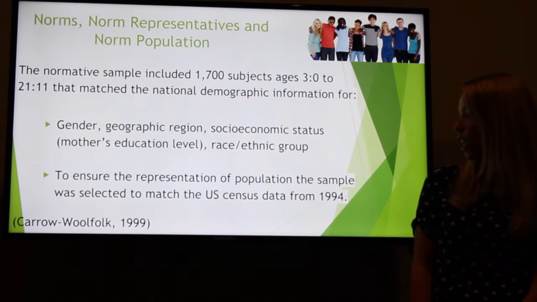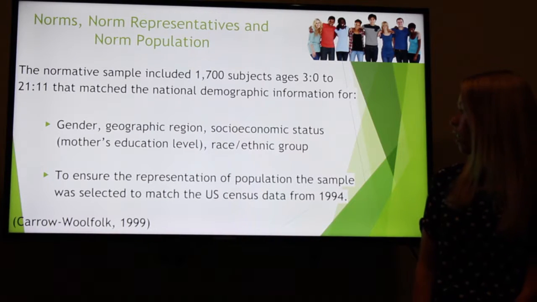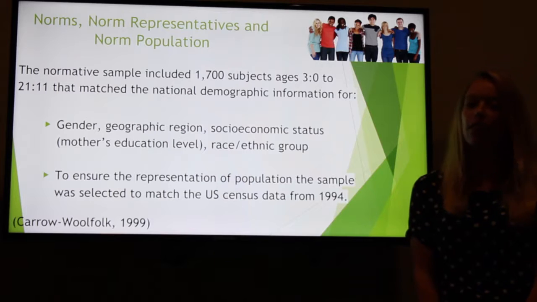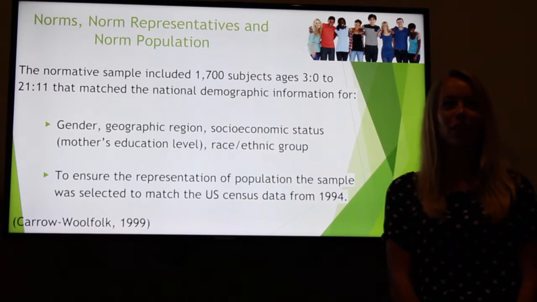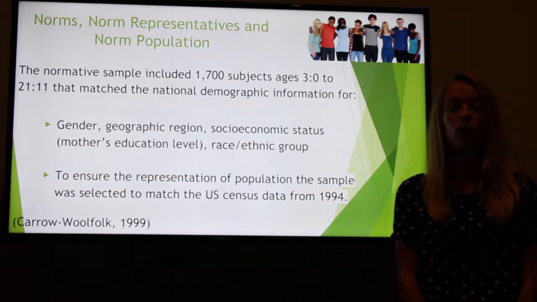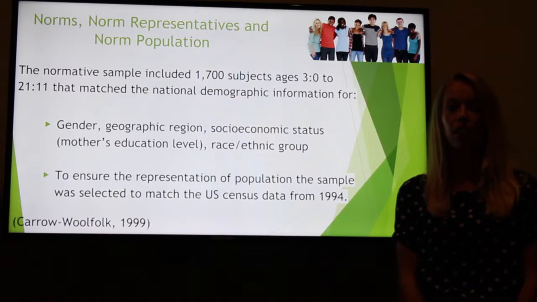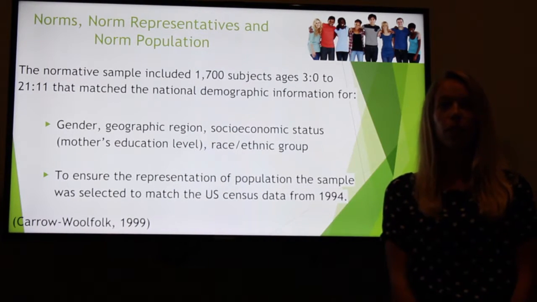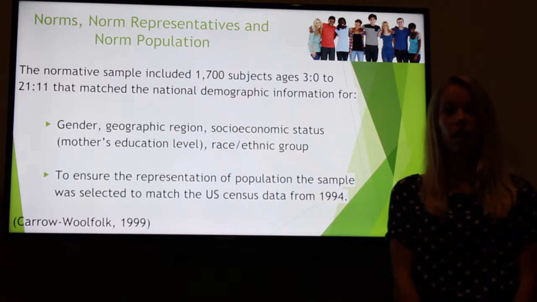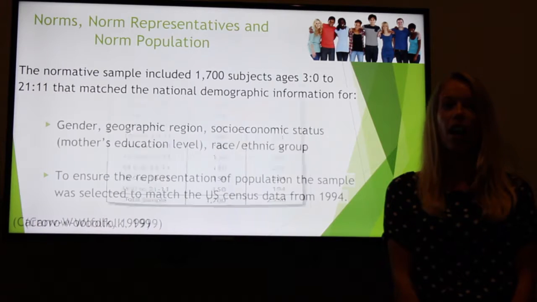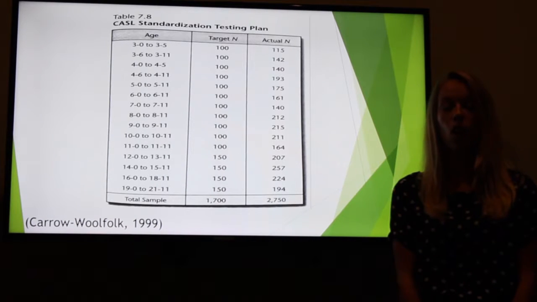To ensure the representation of the population, the sample was selected to match the U.S. Census data from 1994. Prior to the 1,700 subjects that determined the normative sample, 2,750 subjects were used for an item analysis. The next slide shows a comparison between the 1,700 subjects and the 2,750 subjects, as well as the distribution across all ages.